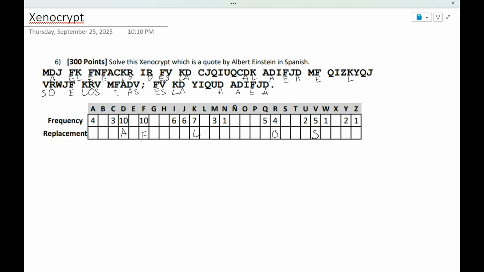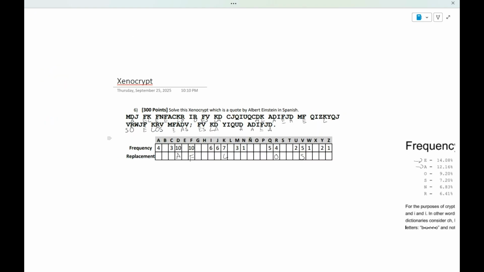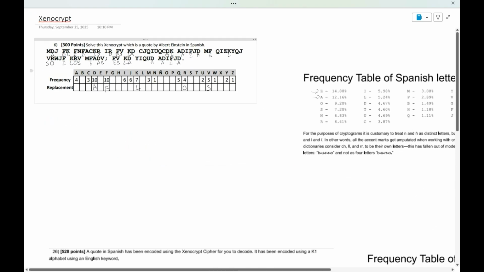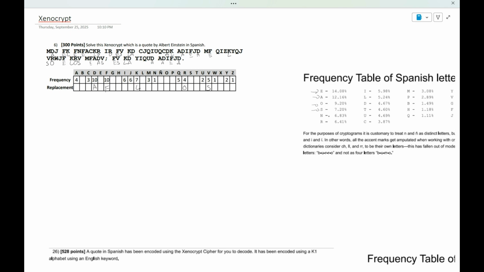Next up, let's take a look at our frequency table really quick. So we have E, A, O, S. We don't have N yet. We have R. We don't have I. We have L. And we don't have D. Okay, so those are a couple of the things.